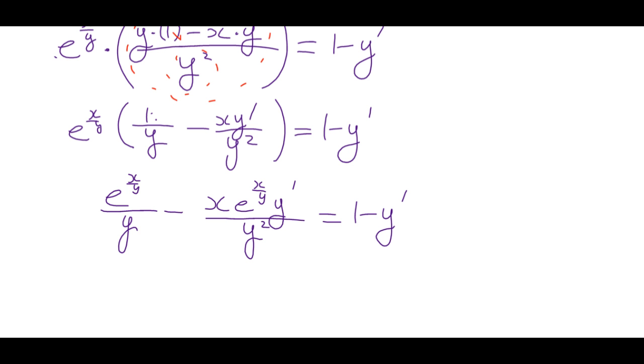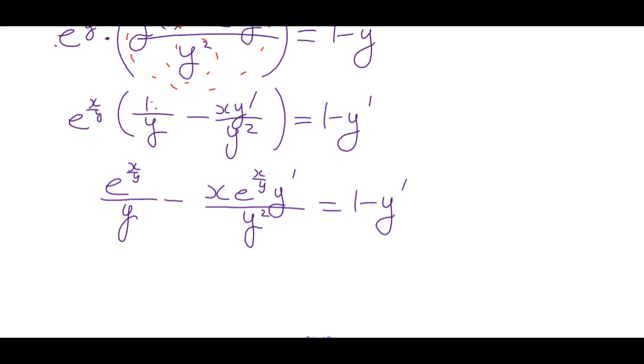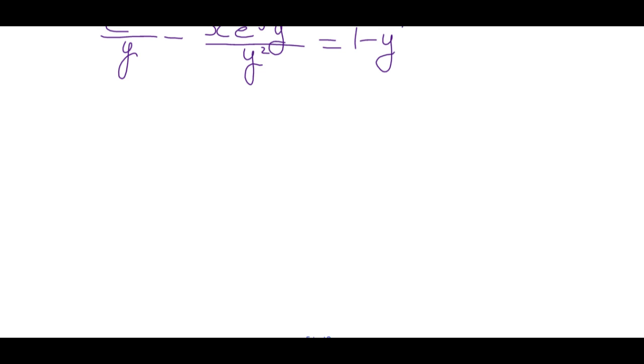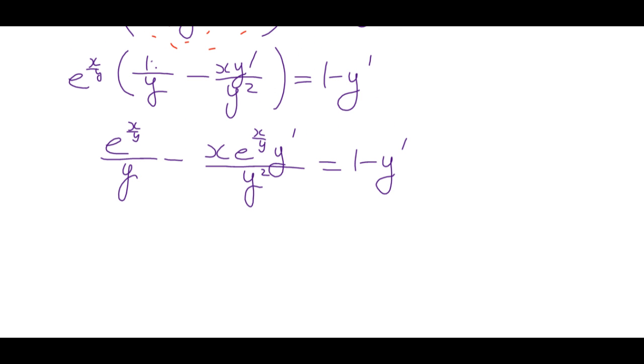Okay, so we've expanded the left-hand side and done minor simplification to it. And I'm going to extend the page. I'll throw that back up. So I'm going to move this minus y prime over here, and I'm going to move this over there.